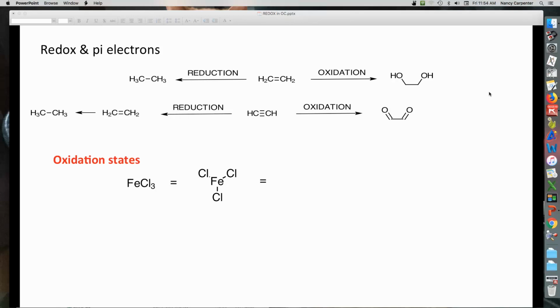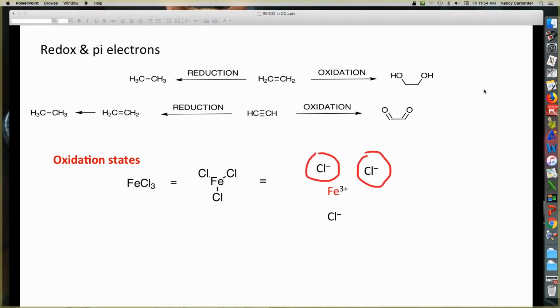If you were given, say, iron trichloride and asked to assign the oxidation state of the iron, that's pretty easy. All you have to do is kind of take off the chlorine atoms, and you're taking them off with a pair of electrons because, of course, you know that they are Cl minus, chloride anions that are coordinated to your iron.